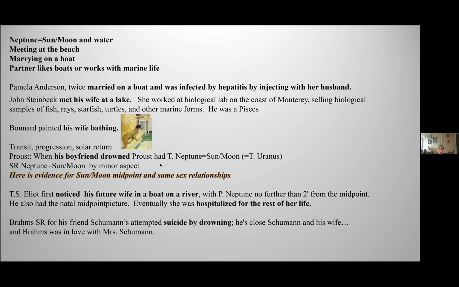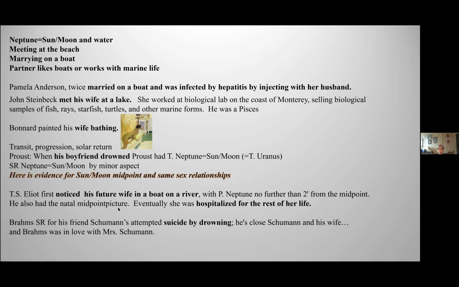I read minor aspects all the time. And this is an example of a minor aspect really working. If you see Neptune equals Sun Moon in a solar return and the guy's boyfriend died, that's an illustration of a minor aspect working. But anyway, what's more important, or just as important, is this is evidence for the Sun Moon midpoint and same-sex relationships.